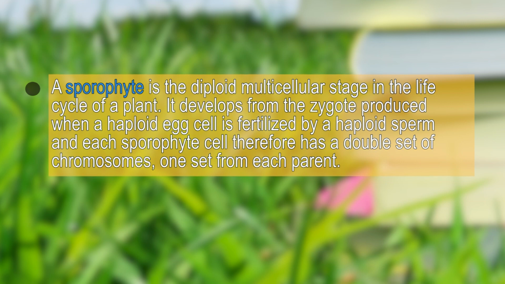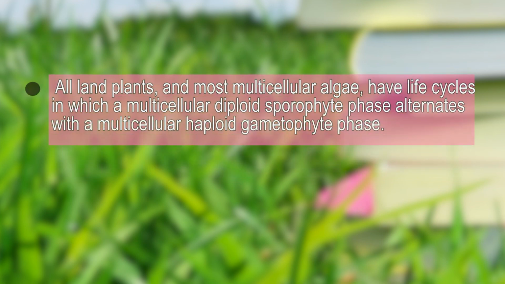It develops from the zygote produced when a haploid egg cell is fertilized with a haploid sperm cell, and each sporophyte cell has a double set of chromosomes. All land plants have a life cycle in which a multicellular diploid sporophyte alternates with a multicellular haploid gametophytic phase.